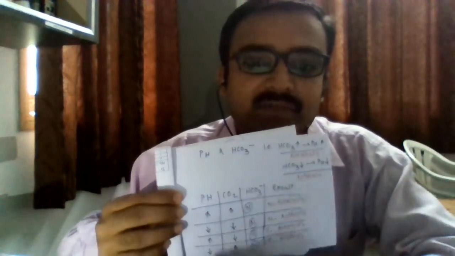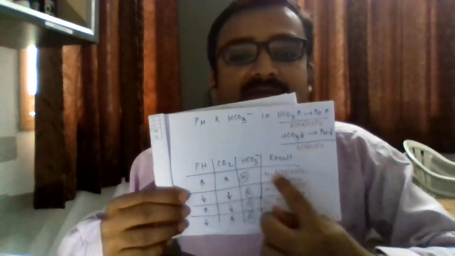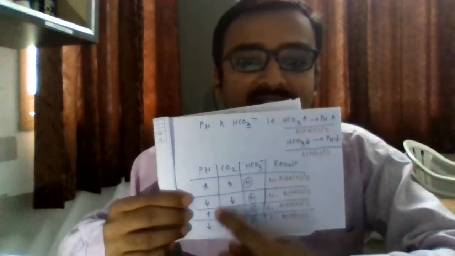But in case of bicarbonate, if bicarbonate increases, pH increases, and it will be alkalosis. So pH is directly proportional to bicarbonates, whereas pH is inversely proportional to carbon dioxide concentration. Here I have prepared a chart from which you can easily understand.